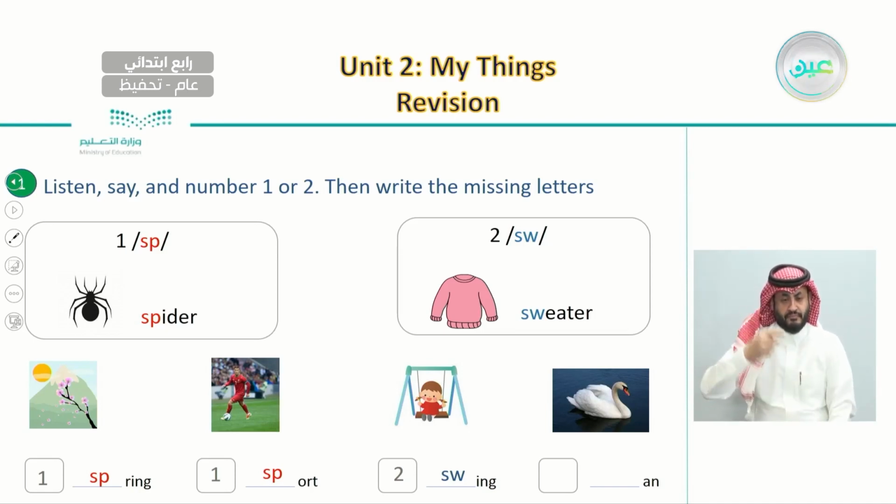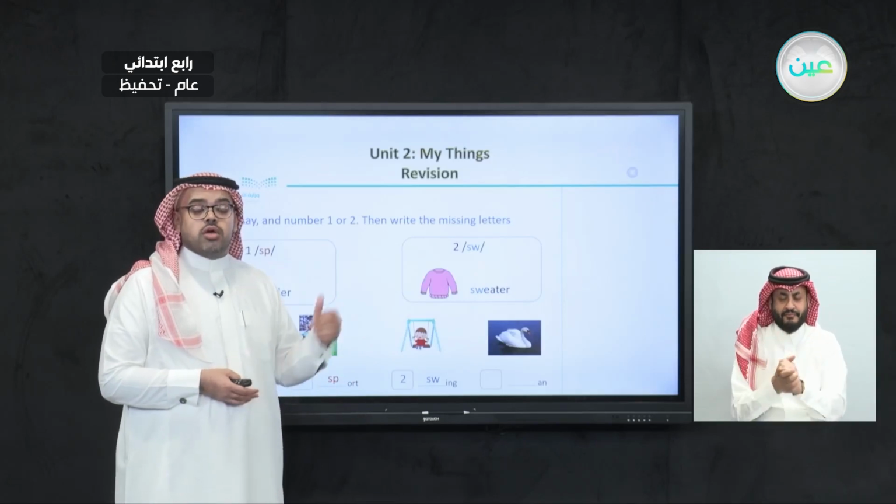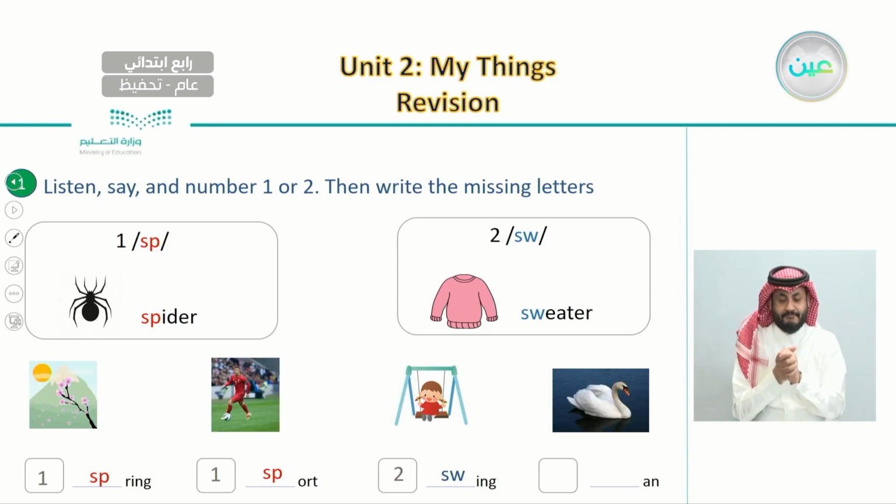Now, let us move on to the last word we have for this list. Let's listen to the last word, and then we will decide whether it matches the first or the second sound. The last word we have is swan. Swan. Say after me, swan. Very good.